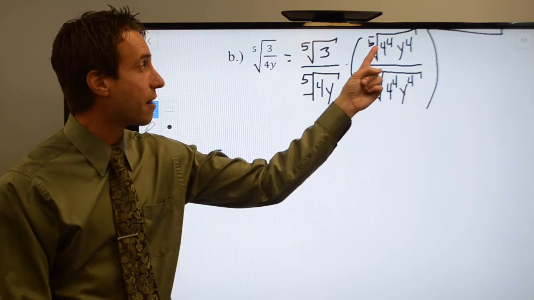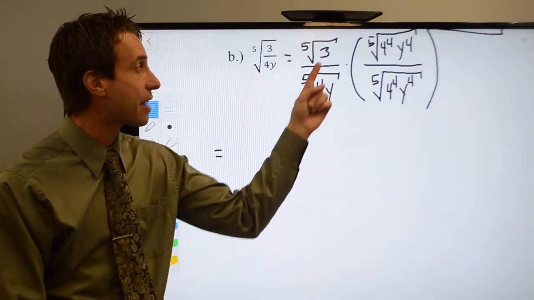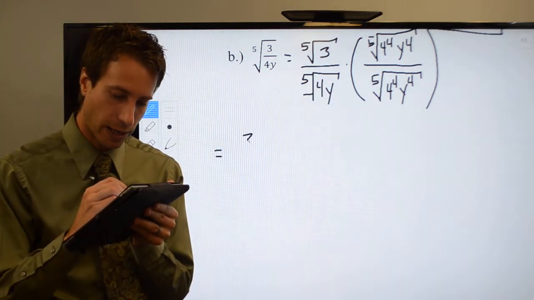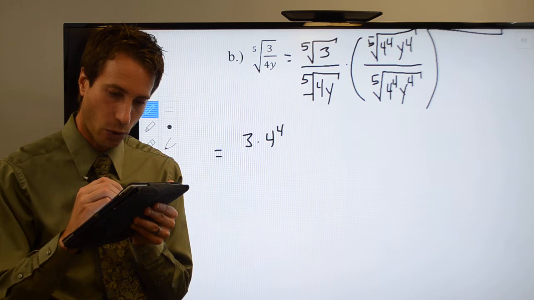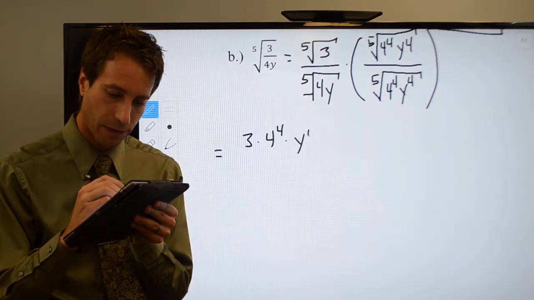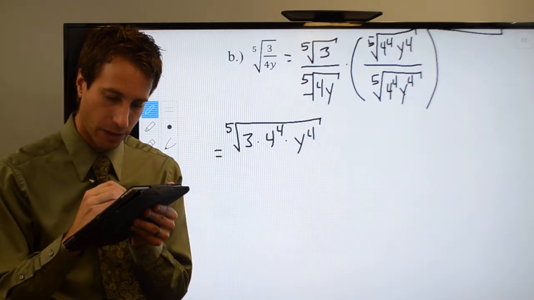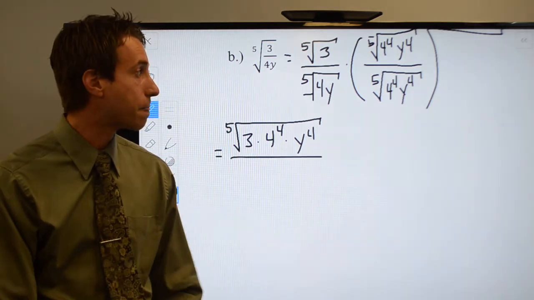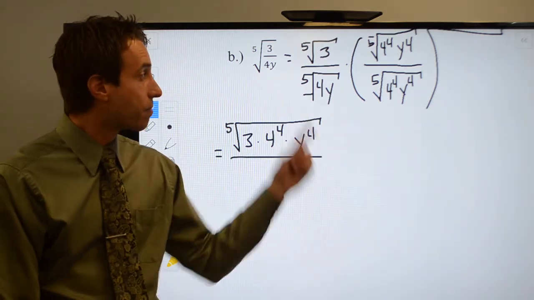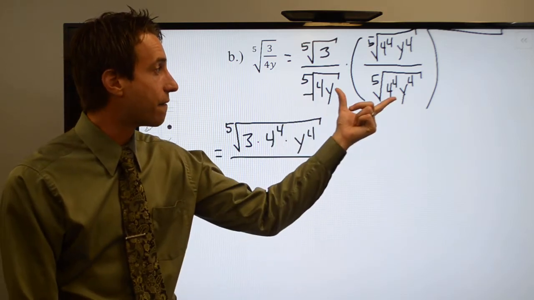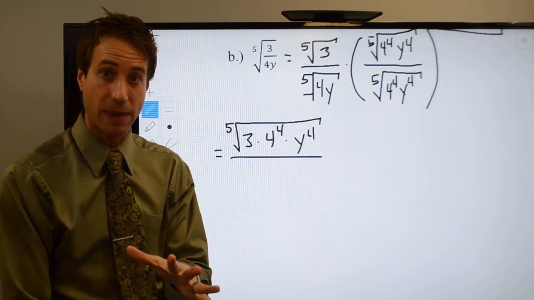It's a fifth root, I can put everything together. 3 times 4 to the 4th times y to the 4th, and I'm taking a fifth root of that stuff, all divided by, okay, here we go, fifth root, so it'll all be a fifth root. 4 and 4, right? Like bases.